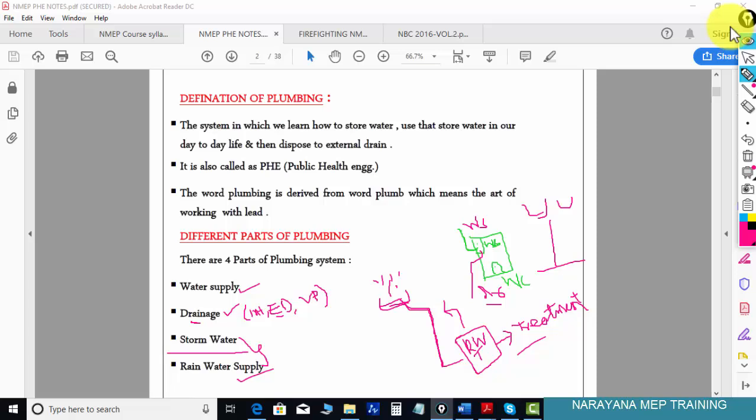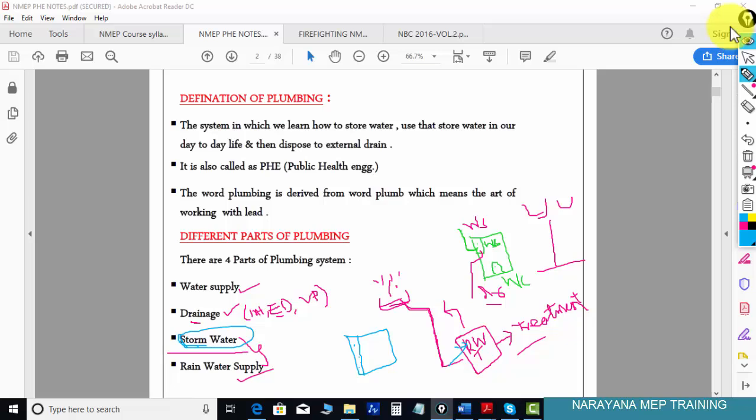Next is storm water. What is storm water? What happens in the basement and all. The basement also we will collect through the podium. And your balcony will be there, and the flat is there. Balcony water we will not use in this tank.